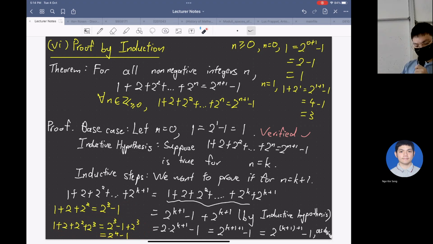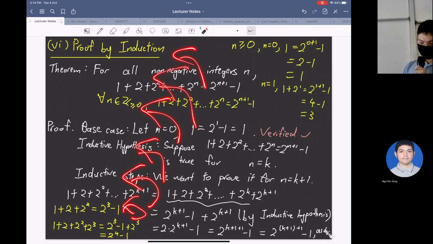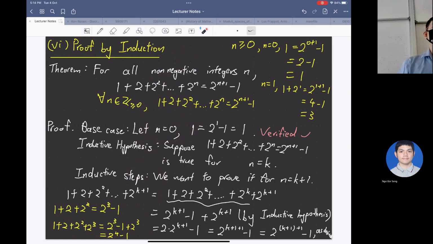But the logic is you can go back and then go back and then go back, all the way back to the base case. So you can prove the base case and then you can go all the way back using this inductive step.